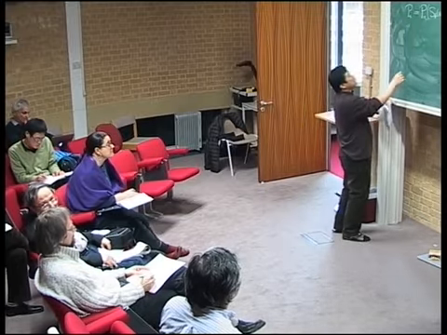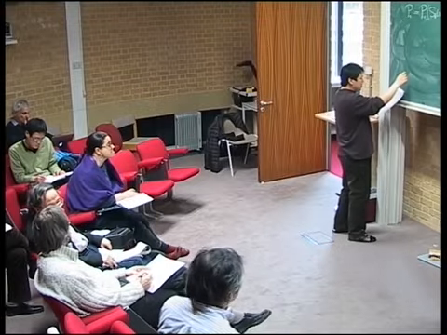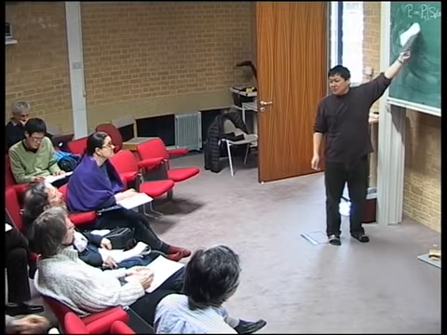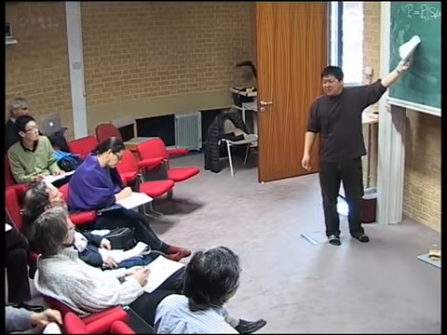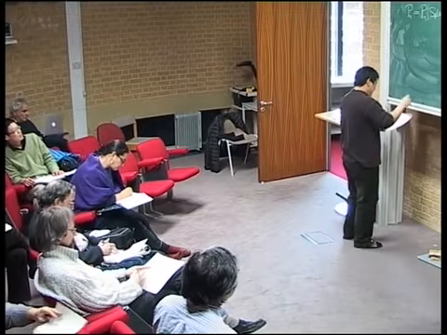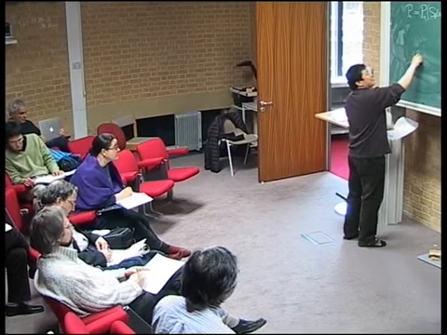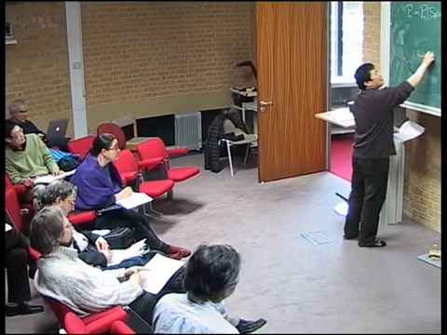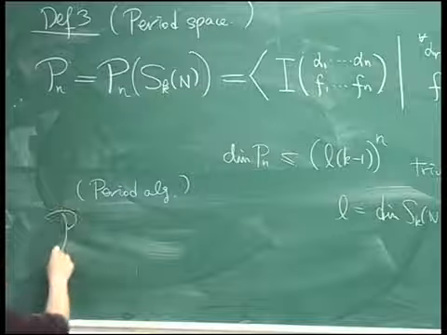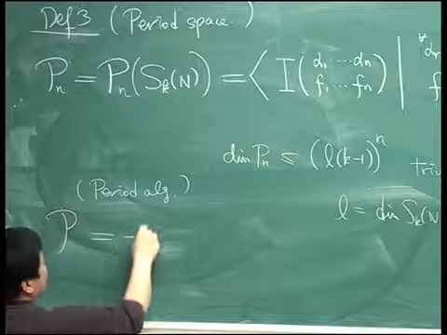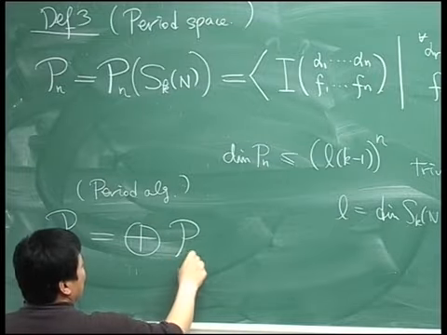And one more definition. If you consider the direct sum of these spaces, this has an algebra structure. This is the period algebra, denoted by P. It is just a formal direct sum of the Pn.